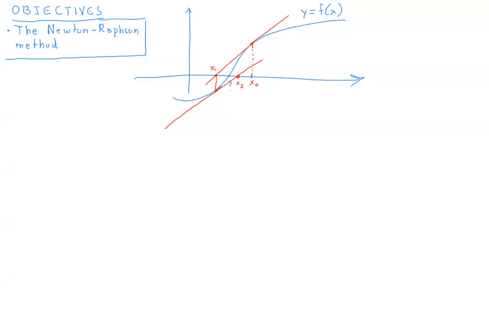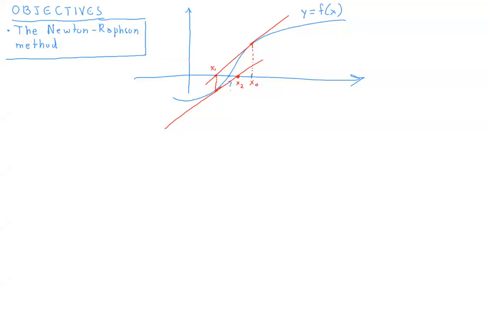And as you can see even from the picture, this method is going to bring us closer and closer to the point under question. So it's actually a brilliant method. And as we're going to see numerically, it can give us some quite strong results. So let's take a look at an example.